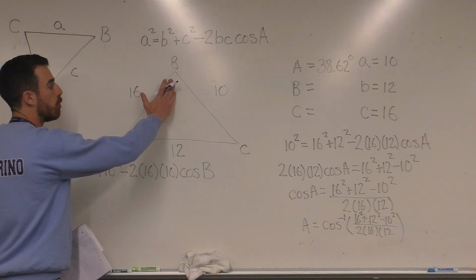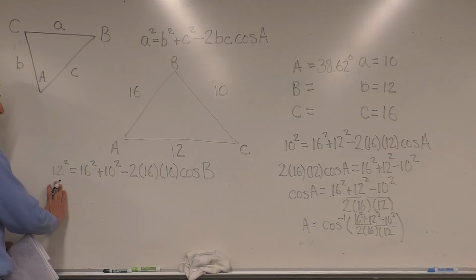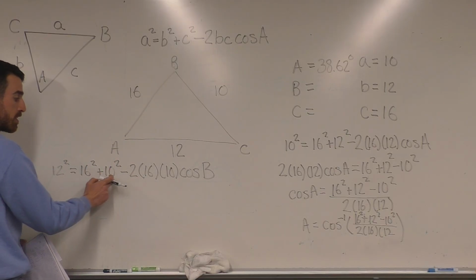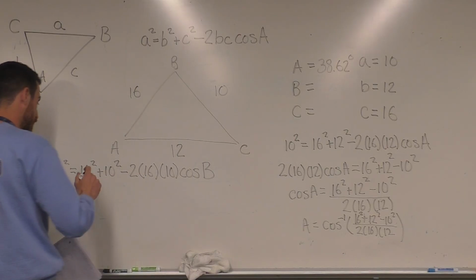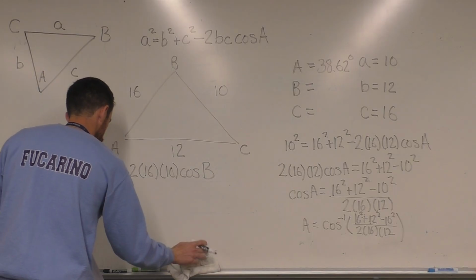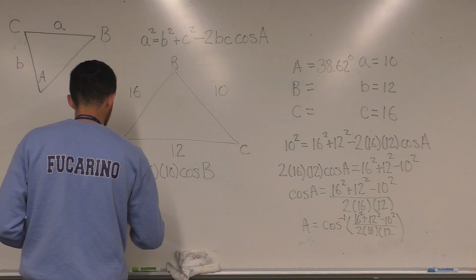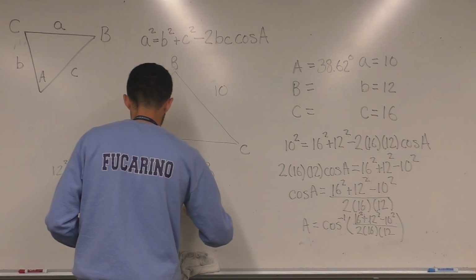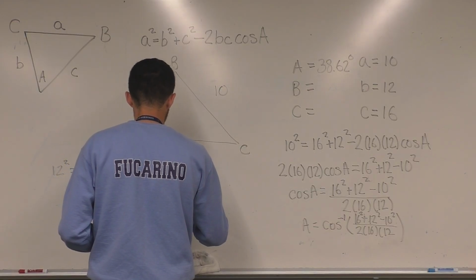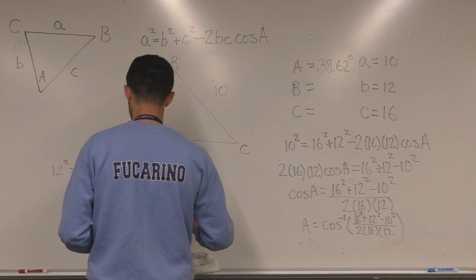If I want to solve for B, I'm going to plug in the side lengths with the side opposite from B by itself, the sides that enclose angle B together at the beginning, and these are the same letters always in that formula. This I will skip the steps for, and I'll say that B is the inverse cosine of 16 squared plus 10 squared minus 12 squared over 2 times 16 times 10.